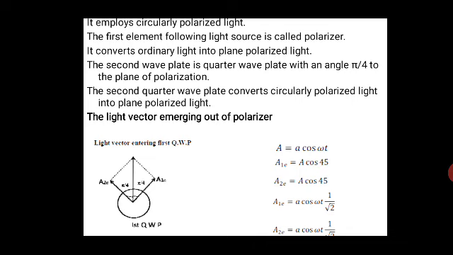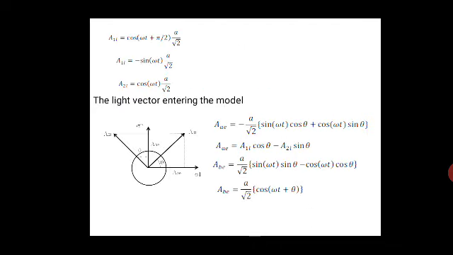Similarly, A2 can also be written as A cos omega t times 1 by root 2. Now, A1 of the light emerging, we can write as cos of omega t plus pi by 2 times A by root 2. And the second component, A2, is cos omega t times A by root 2.